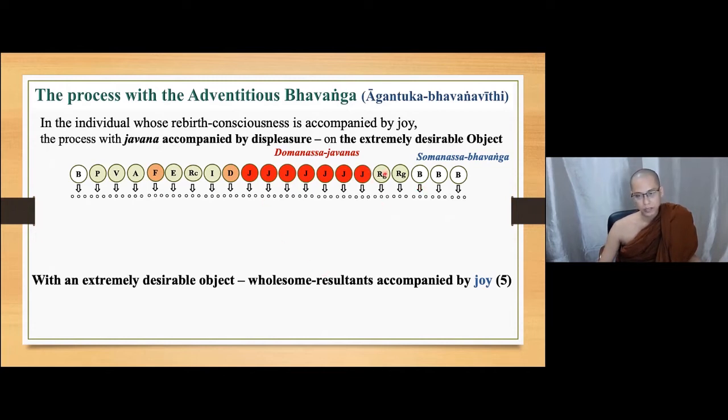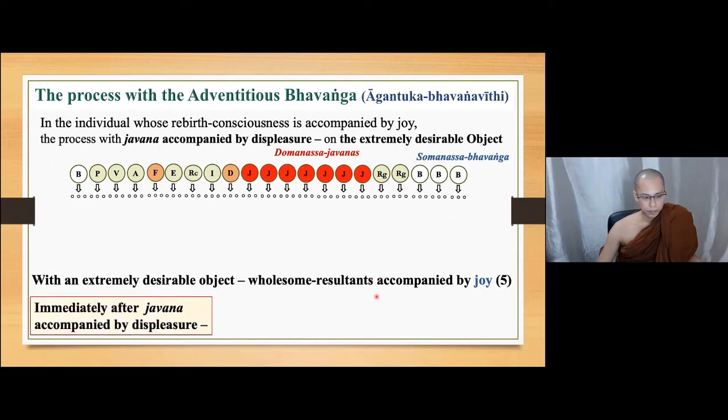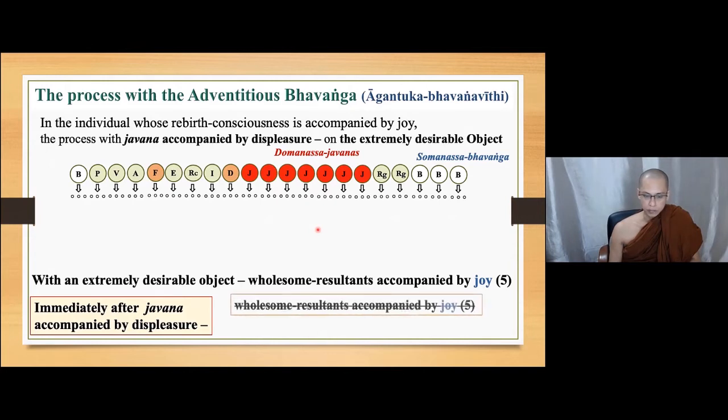So let's consider the registration. Immediately after the Javana accompanied by displeasure, if we say the wholesome resultant accompanied by joy, the possibility was already mentioned. That also cannot be, because the displeasure feeling and the joyful feeling are directly opposite to each other.